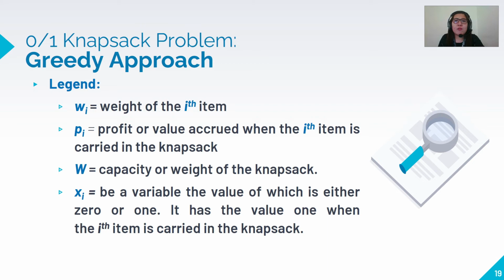We have here the following legend, WI referring to the weight of the item, PI referring to the profit or value of the item, capital W referring to the capacity or weight of the knapsack, and X sub I, which is either 0 or 1, meaning if it will be carried or it will be included or not.